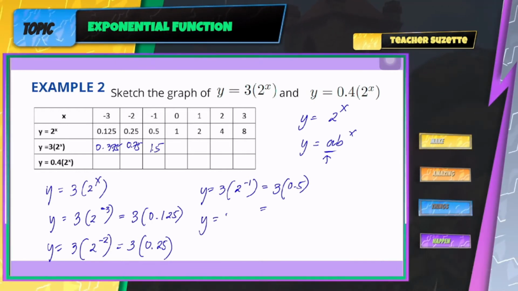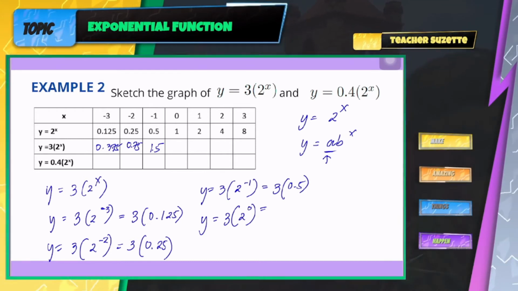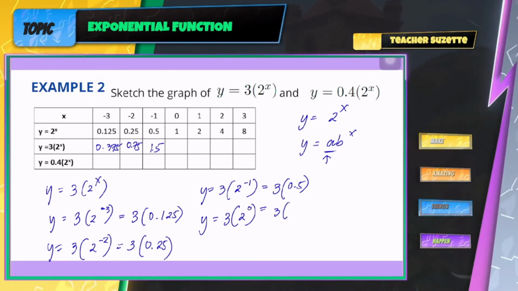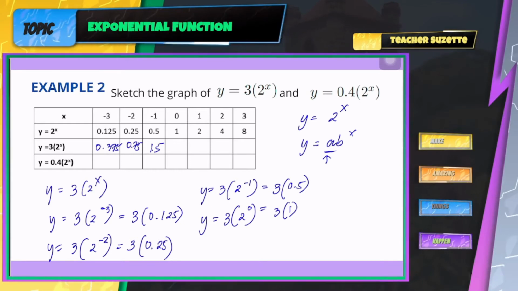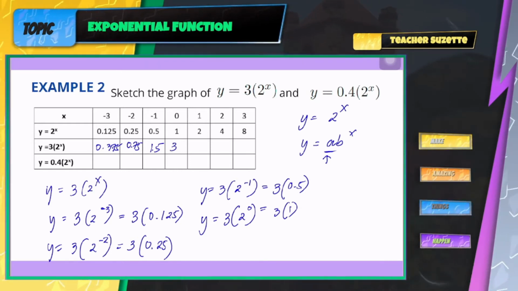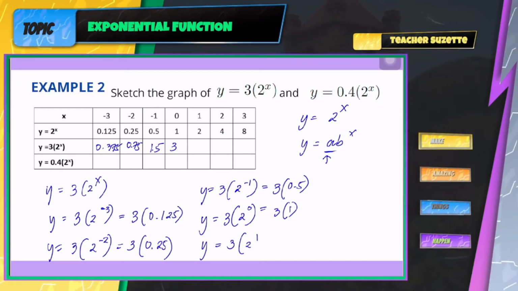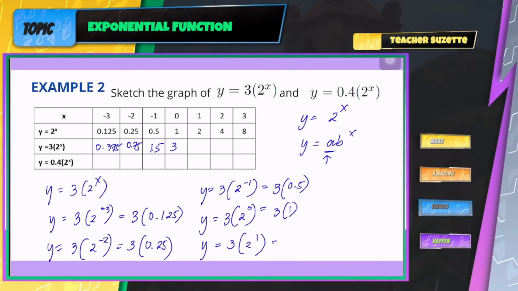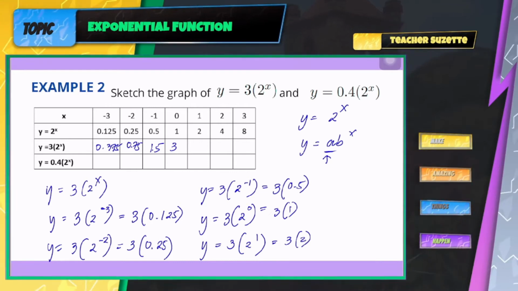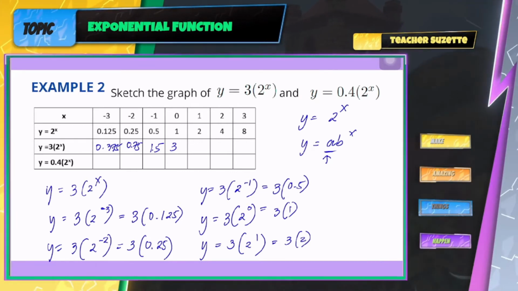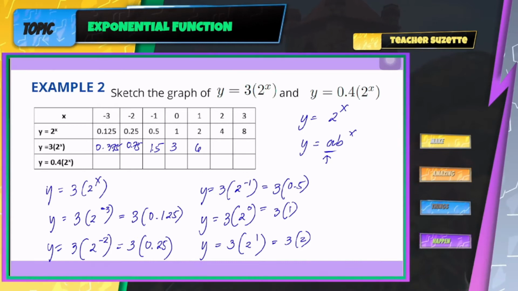Next, let's have 3 times 2 raised to 0. 2 raised to 0 is equal to 1, so 3 times 1 is equal to positive 3. Next, you have 3 times 2 raised to 1, and 2 raised to 1 is equal to 2. So, we have 3 times 2, which is equal to positive 6.